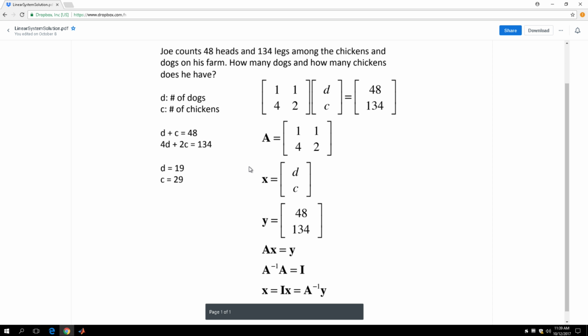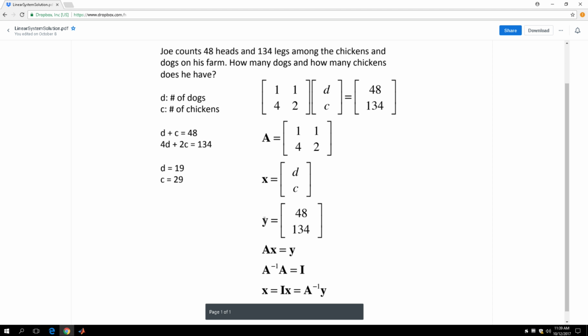But now let's introduce more symbols. We have this particular matrix. Let's just use capital A to represent this particular matrix, right? And then we have this column vector. Let's use the symbol x, small x, to represent this column vector. And then we have this column vector.